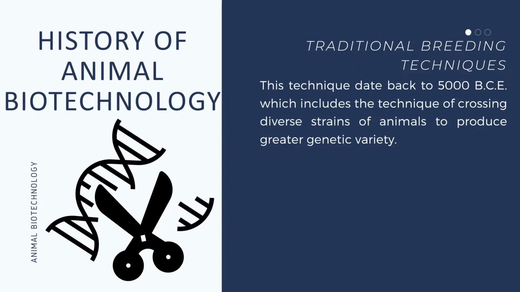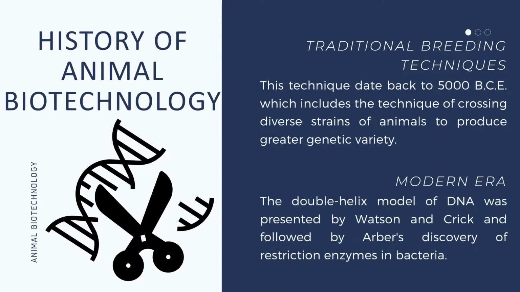Meanwhile, the modern era began in 1953 when the double helix model of DNA was presented by Watson and Crick, followed by Arber's discovery of restriction enzymes in bacteria during the 1960s. In this discovery, the enzymes cut the DNA strands of any organism at specific points. During the modern era, a specific gene from one bacterium was removed by American geneticist Stanley Cohen and American biochemist Herbert Boyer.